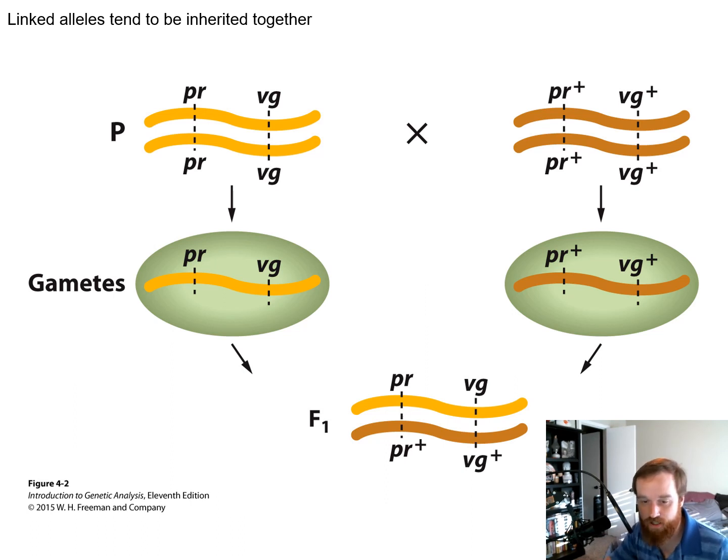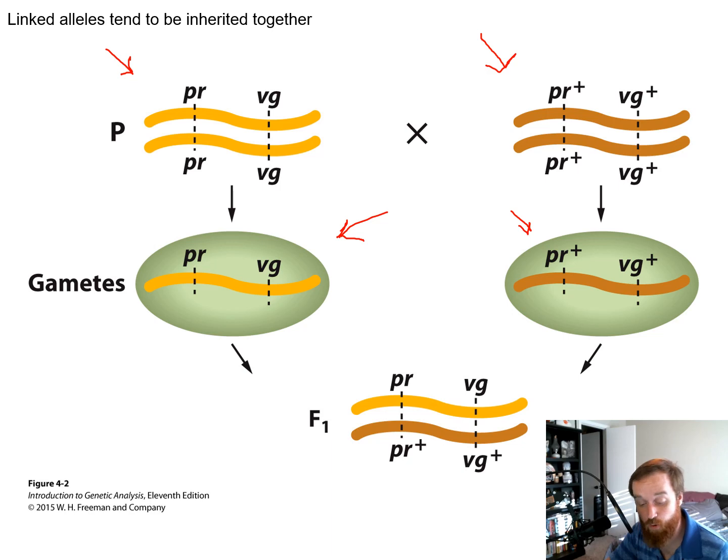So in this example here, we see that we have a cross between these two parents, the gold parent here on the left, and then the brown parent here on the right. We have two genes, PR and VG. So one parent is pr vg, the other is pr+ vg+. The gametes produced from these individuals are just like the parental type, pr vg for the gold parent, and then pr+ vg+ for the brown parent.